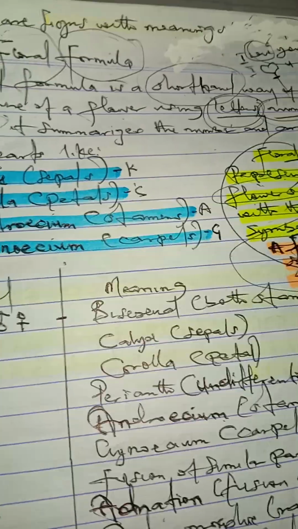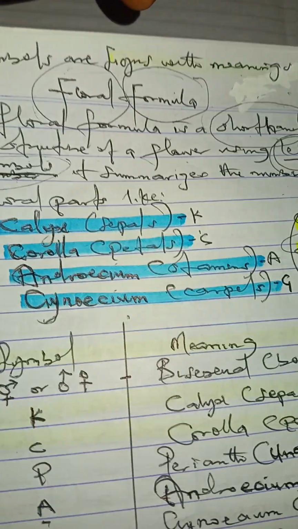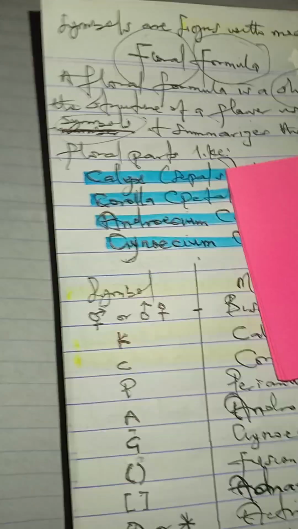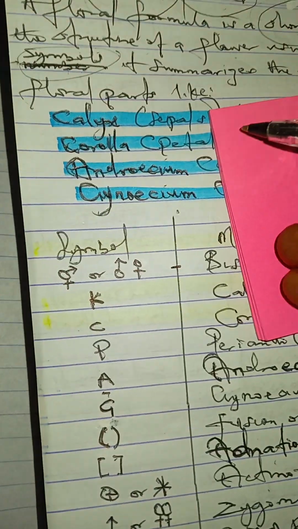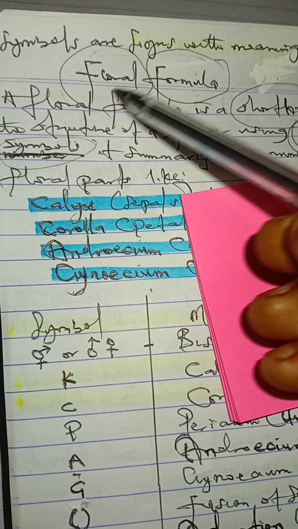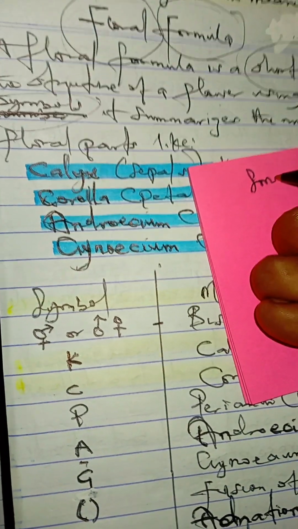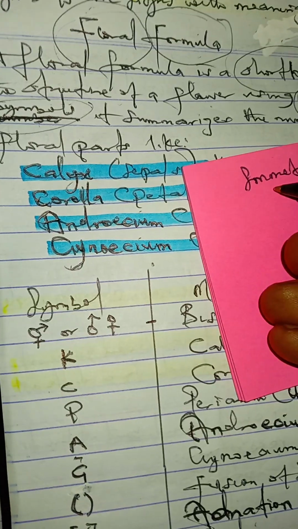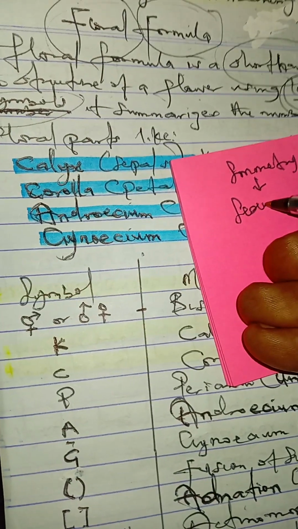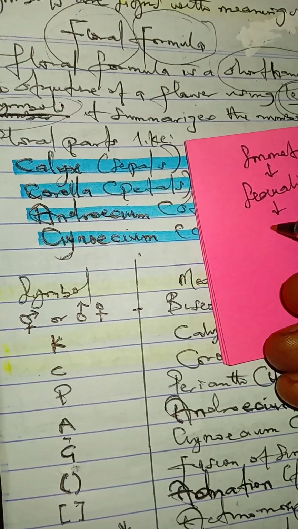And according to that, the basic law that guides floral formula is what we call the chronology, the hierarchy, meaning that the order this floral formula follows is basically from symmetry. Take note of this one, it is very important. From symmetry to sexuality, and then calyx.